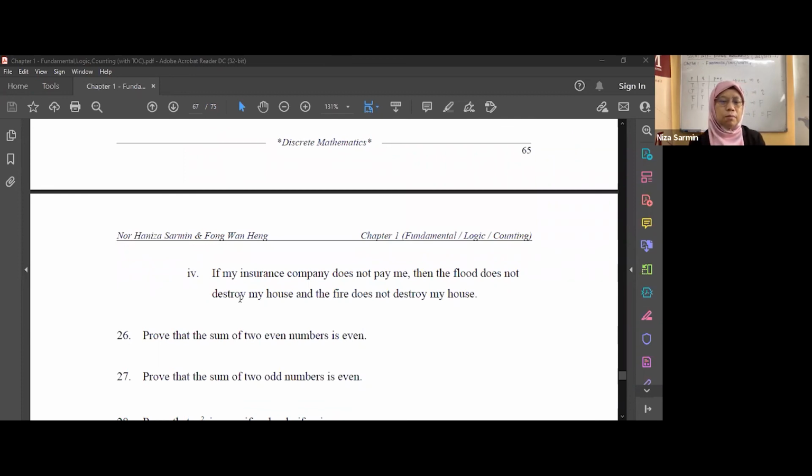Next. Okay, number 26 is starting the proof, right? Prove that the sum of two even numbers is even. We did this for the proof by direct method. So it's quite straightforward, right? Prove that the sum of two even numbers is even.